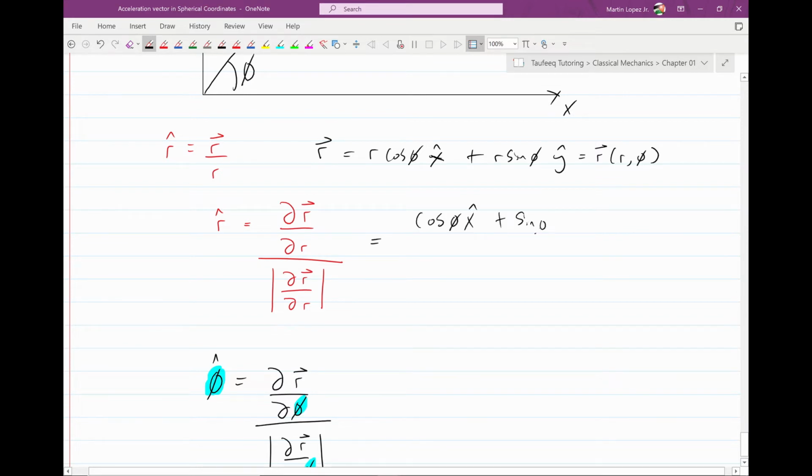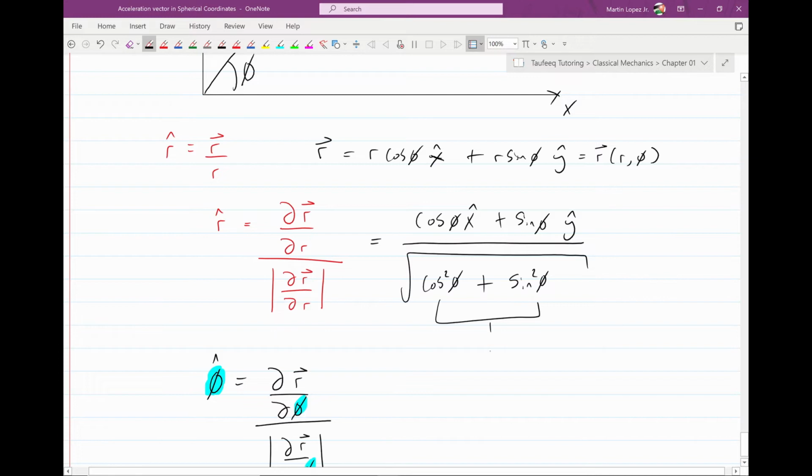It is cosine phi x hat plus sine phi y hat over, now the denominator of this equation is just the magnitude of the numerator. So we're going to take the magnitude of cosine phi x hat plus sine phi y hat. So that's going to be the square root of cosine squared phi plus sine squared phi.